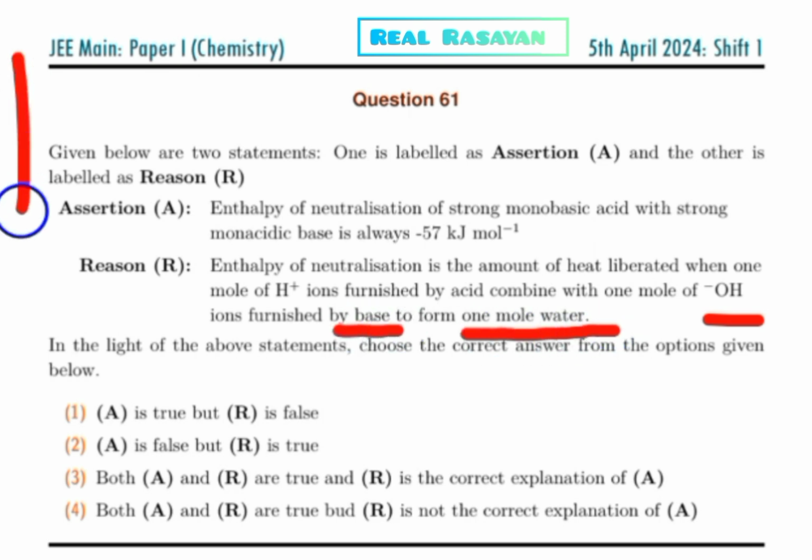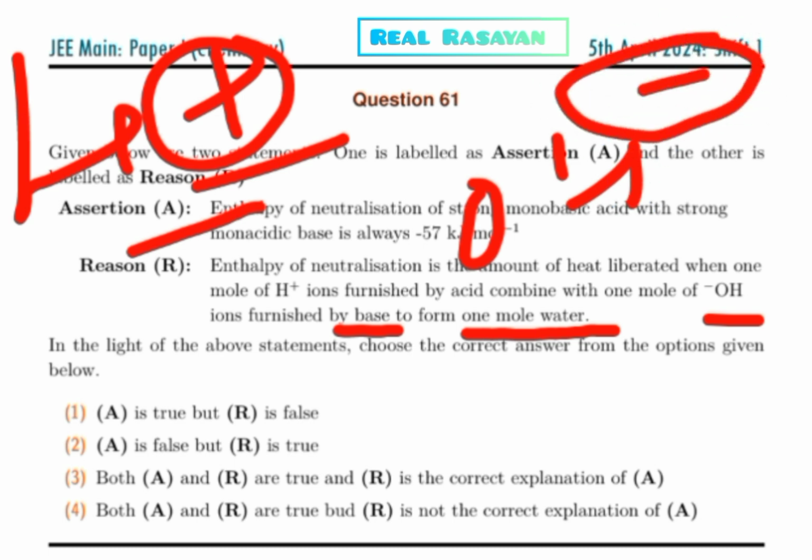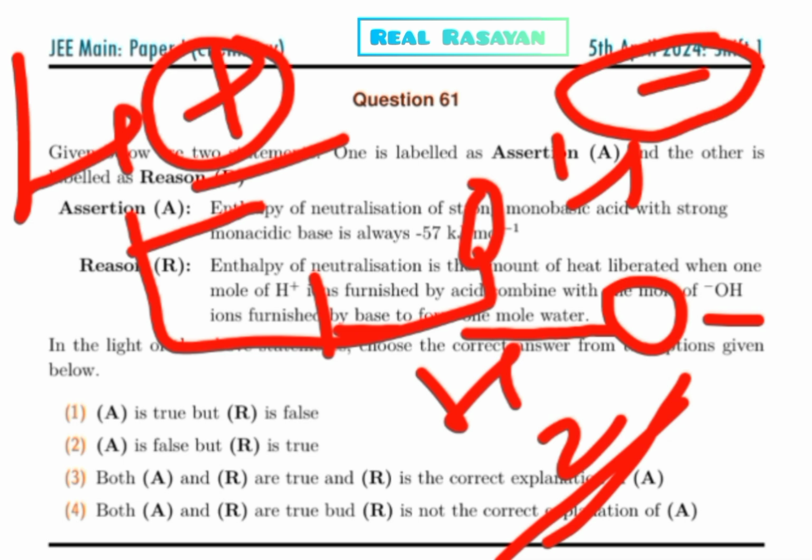So the acid releases H positive ions and the base releases OH negative ions, and they combine to form 1 mole of water.